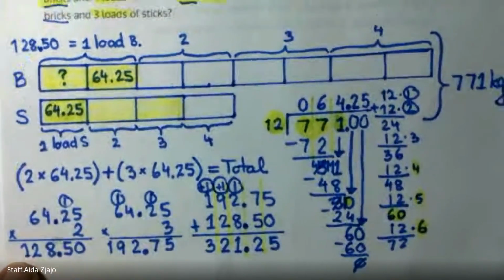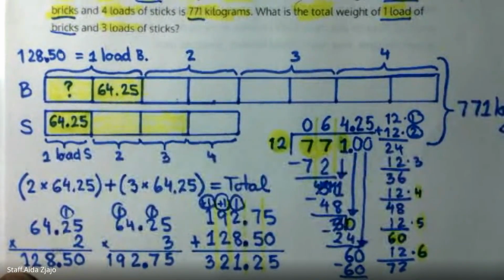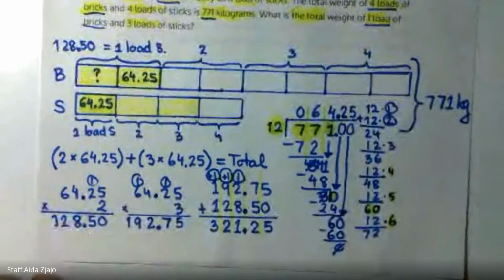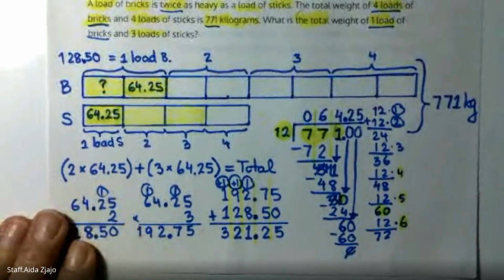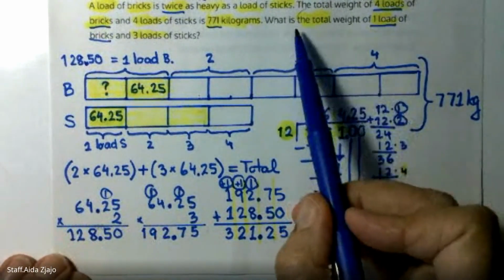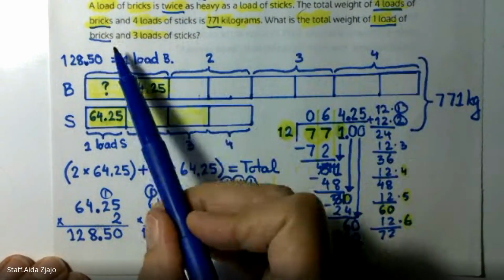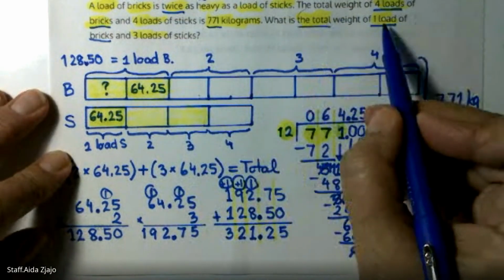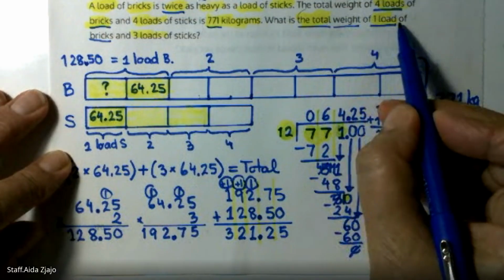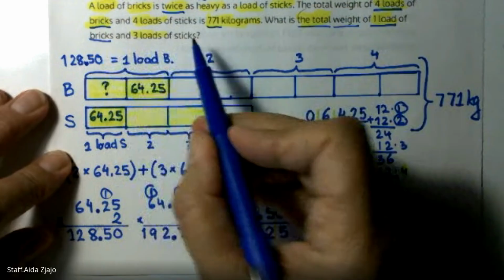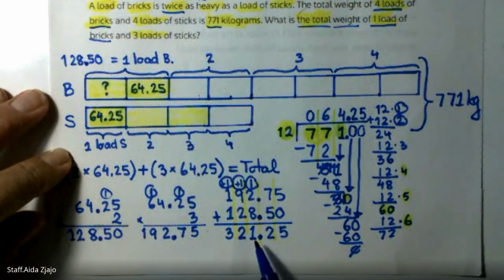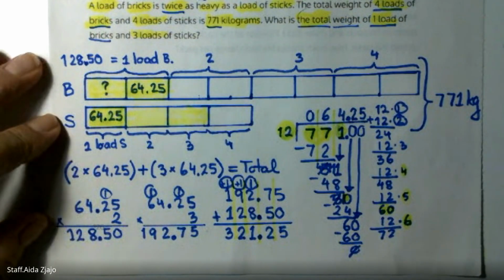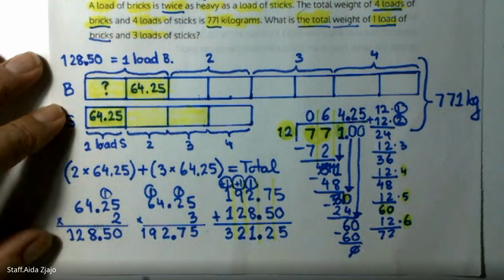So we're going to go back to the question so it can help us to rewrite the answer. I'm going to make it a little bit taller. Ready? Okay, so use the language. What is the total weight of 1 load of bricks and 3 loads of sticks? So we can use language. The total weight of 1 load of bricks and 3 loads of sticks is 321 kilograms and 25 hundredths of the next kilogram.